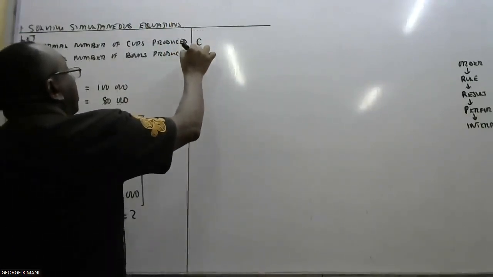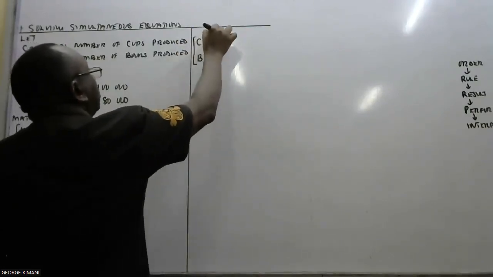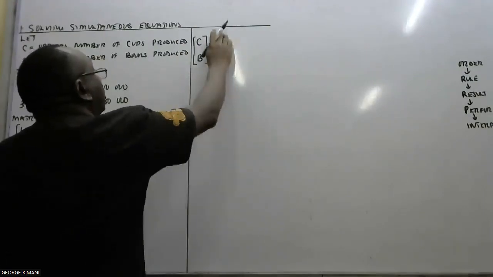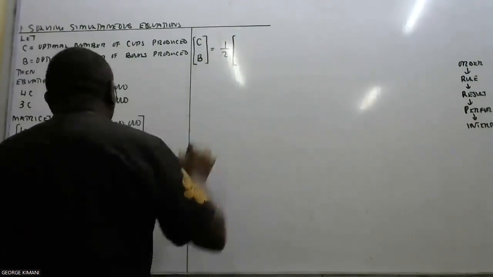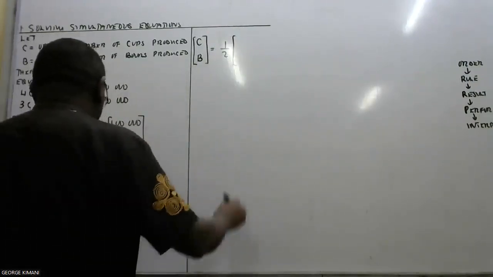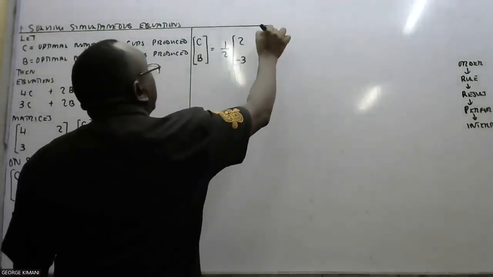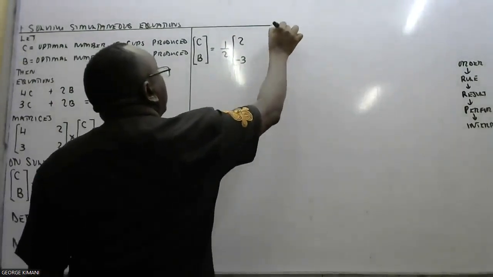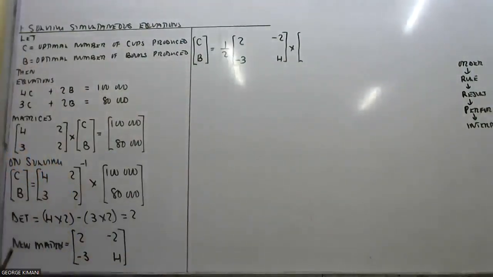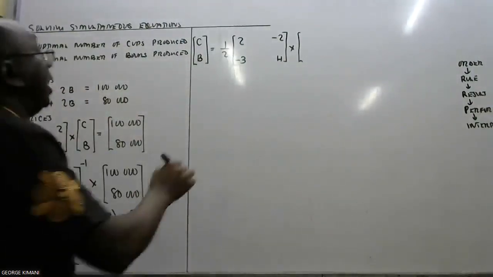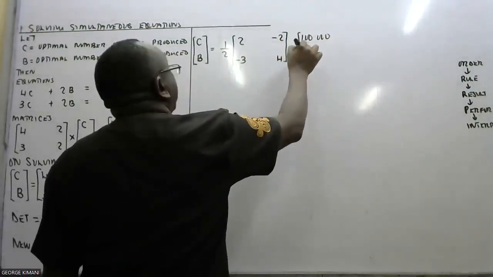So with those two workings, you have what is required to get the inverse. So you then proceed and say CB is equal to 1 out of the determinant, so 1 out of 2, multiplied by the new matrix, which is 2, and minus 3, then minus 2 and 4, multiplied by 100,000 here and 80,000.